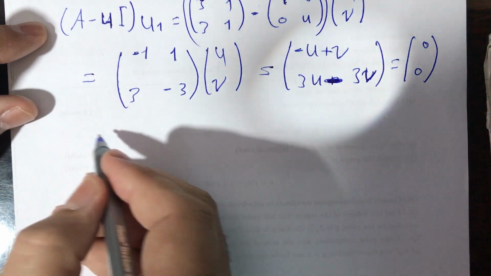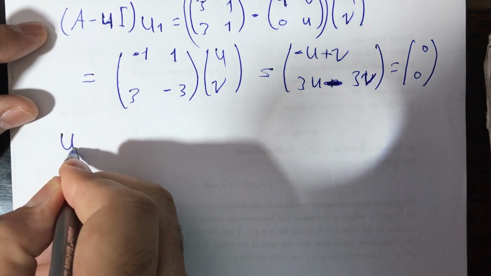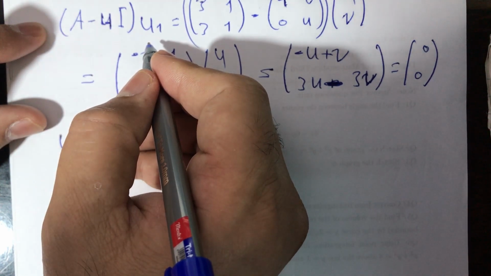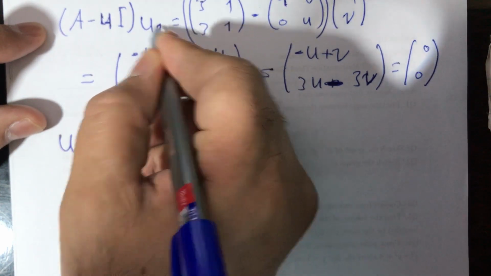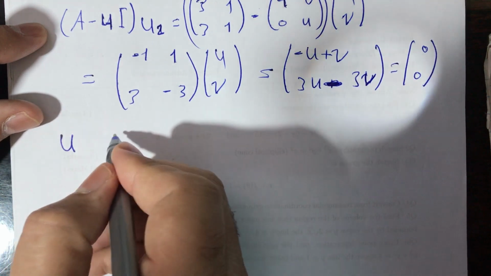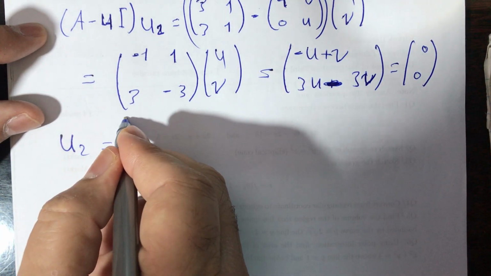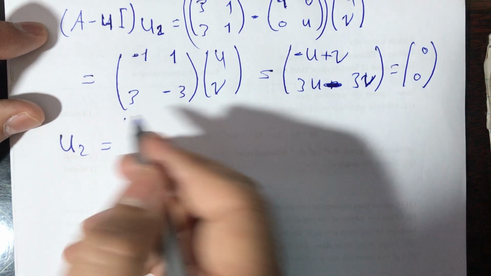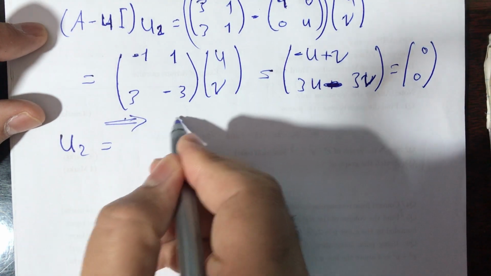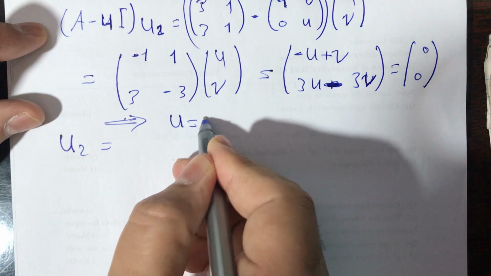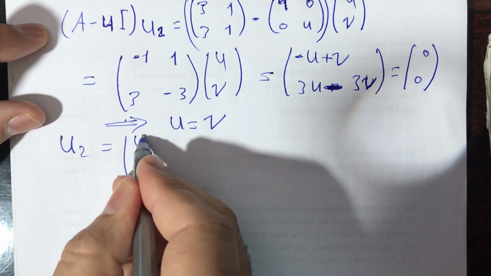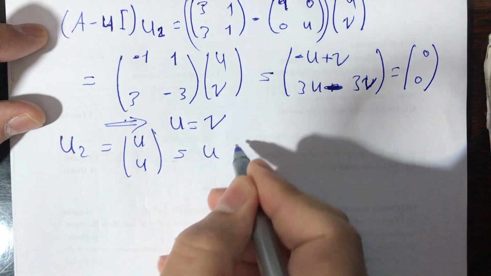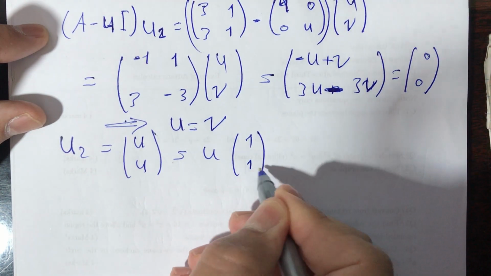And we get u equal to v, so u2 is equal to u times 1, 1.